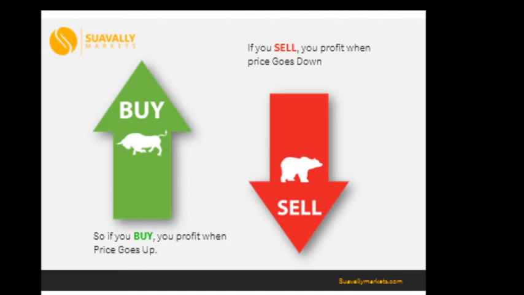But if you sell, you will only profit when the price of Euro USD falls. So one of the cool things about Forex is that you can actually make money on the buy or on the sell side.